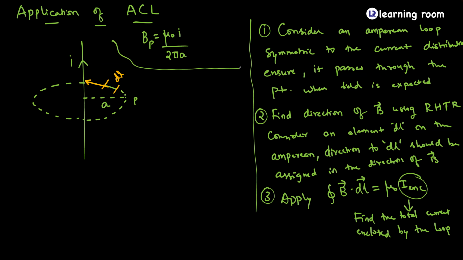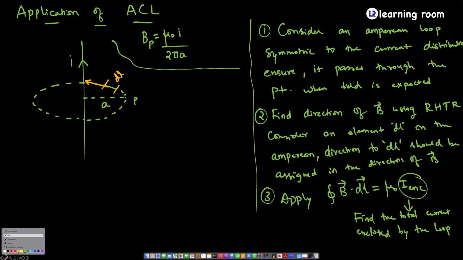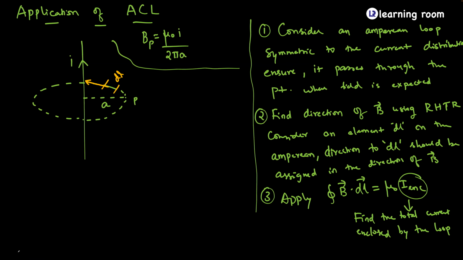Observe. So tell me one thing, are these two steps clear? I'm doing it parallelly. The third step is line integral of B vector dot dl vector is equal to mu naught times current enclosed. So the line integral of B is B only. What is the angle between B and dl vector in this case?